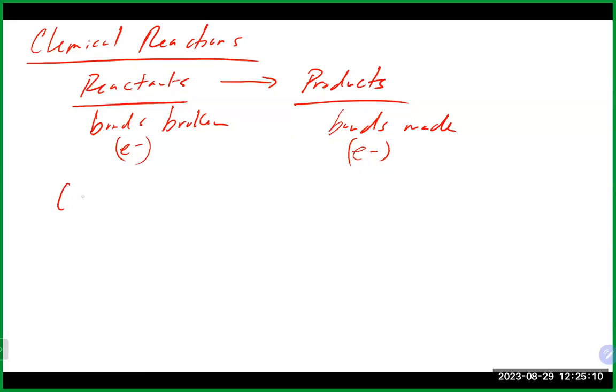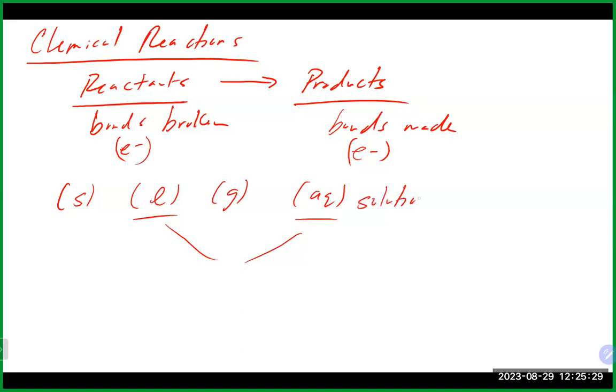Other things that we see are symbols: solid, liquid, gas, aqueous. These are the states of certain things that we see. There is a difference between liquid and aqueous. Liquid is a pure liquid, aqueous is a solution.